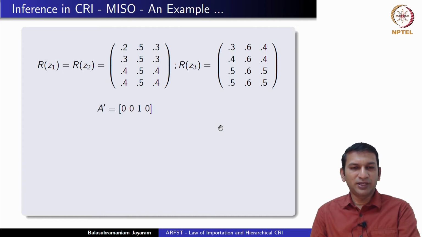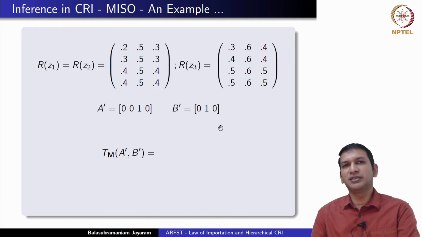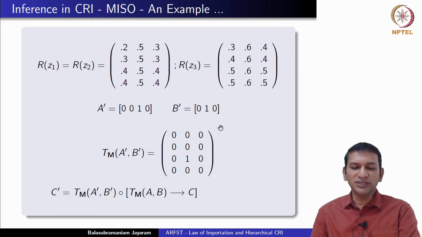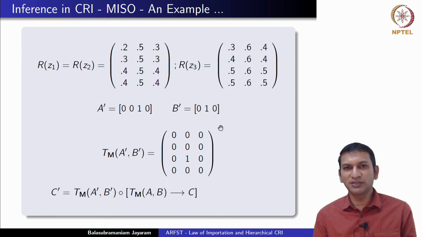Now, given an input A dash B dash, let's assume them to be singleton. Once again, we combine them using the antecedent combiner, which in this case is the minimum T-norm. We obtain this and then use it to compose this 2D matrix with that 3D matrix. If you remember the analogy we have given, we have three 2D sheets on which these matrices lie, and the scheme of A dash B dash is another sheet.